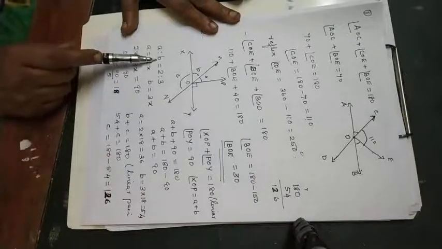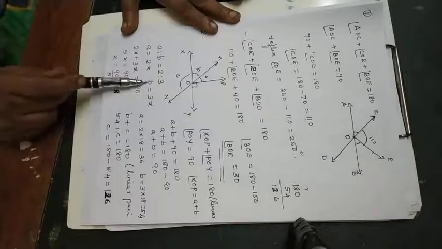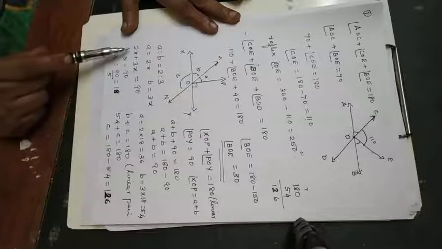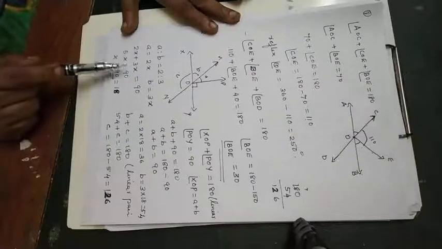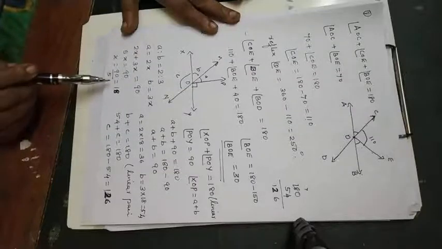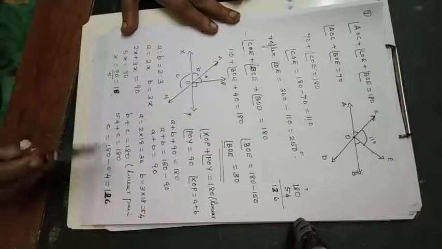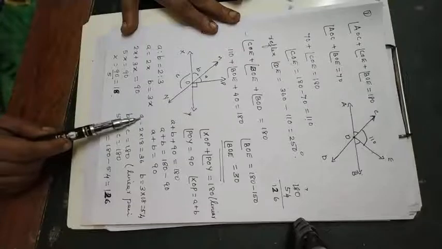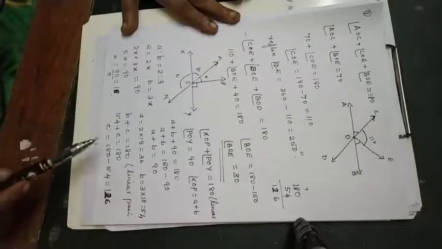Now A and B are in the ratio 2:3, so A will be 2x and B will be 3x. So 2x plus 3x is equal to 90, or 5x is equal to 90. x is equal to 90 divided by 5, 18 you are getting. Now A is equal to 2 into 18, 36. B is equal to 3 into 18, 54.